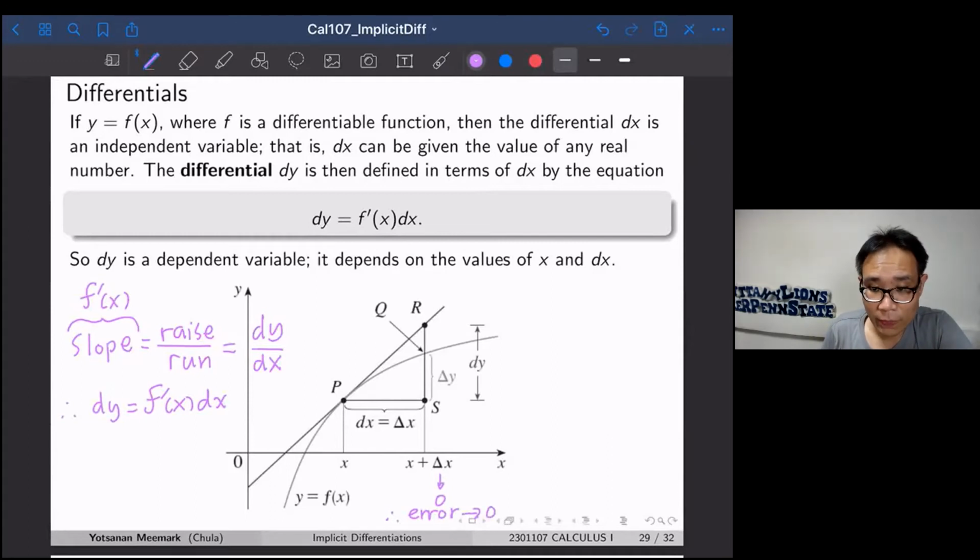When delta x goes to 0, dy turns out to be about delta y. So dy and delta y will be the same, and we need this error to be small, so the error must be small.